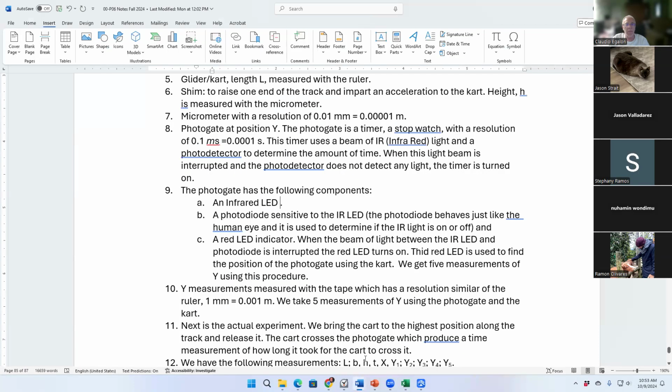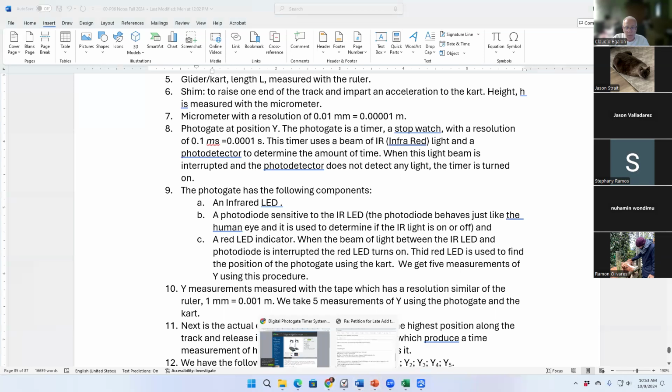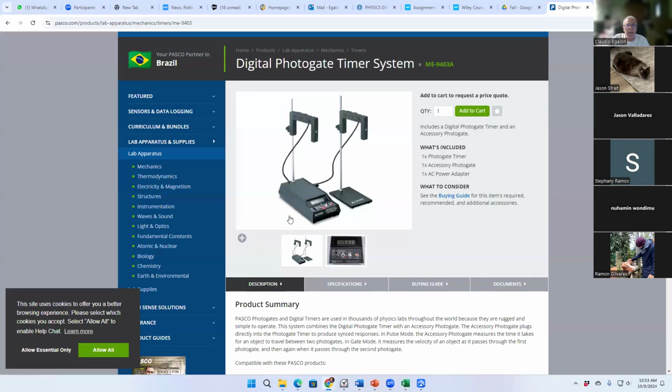Going back here. Infrared LED, a photodiode that is sensitive to the infrared LED, and a red LED indicator. When the beam of light between the infrared LED and photodiode is interrupted, the red LED turns on. It also has a red LED that is just like an indicator.